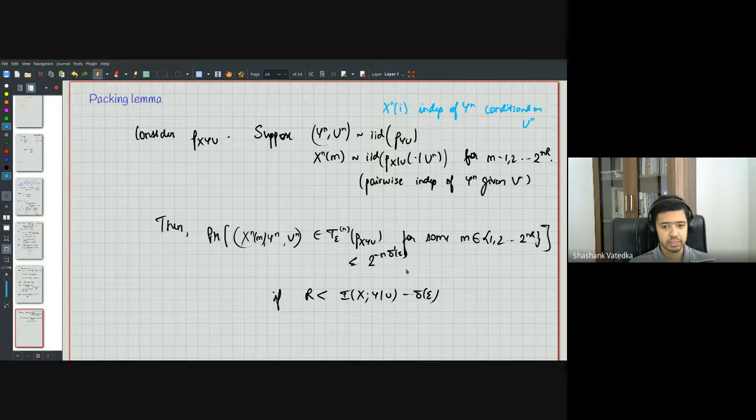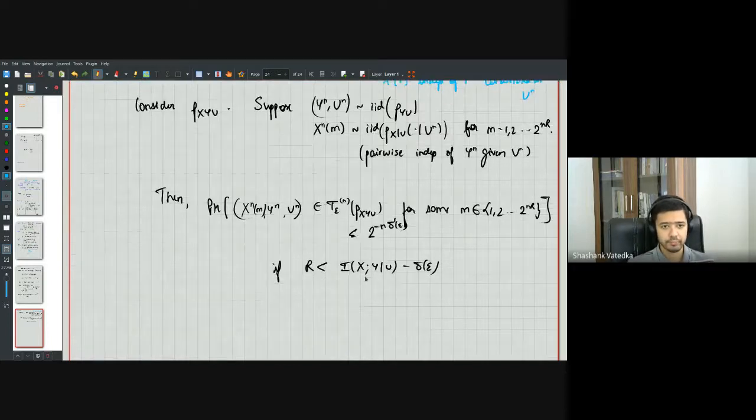But this doesn't happen for all possible R. This happens as long as R is strictly less than the mutual information between X and Y given U minus some delta of epsilon. So as long as you're not generating too many sequences, the remaining sequences are going to be atypical with respect to y^n with high probability.